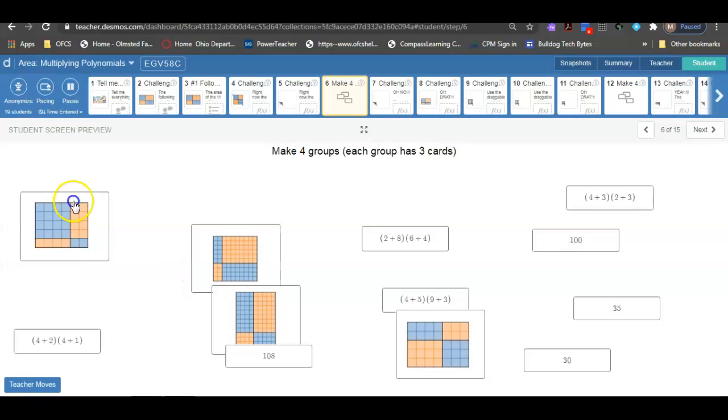Okay, for this one what you're doing is you're taking each picture, you're matching it with a product, and then finding the total sum. So for this particular rectangle, we need to take a look at the dimensions, length times width.